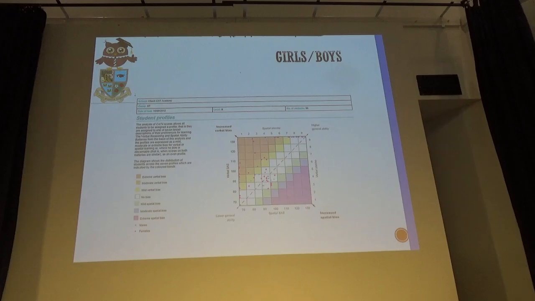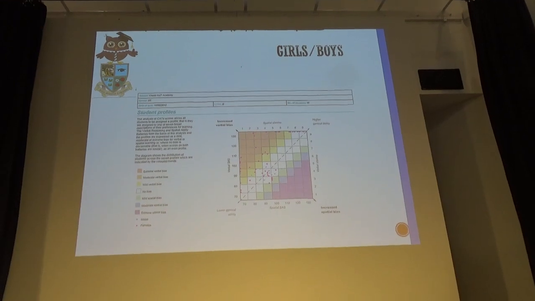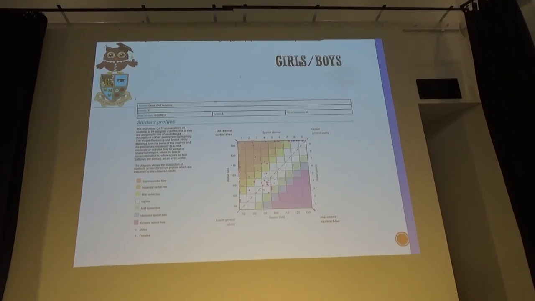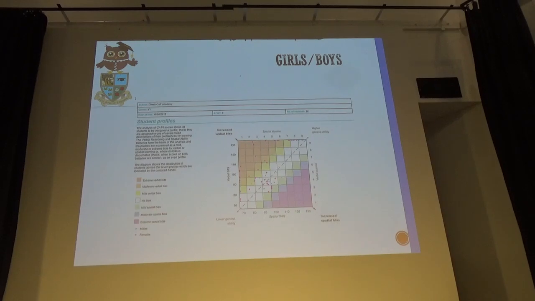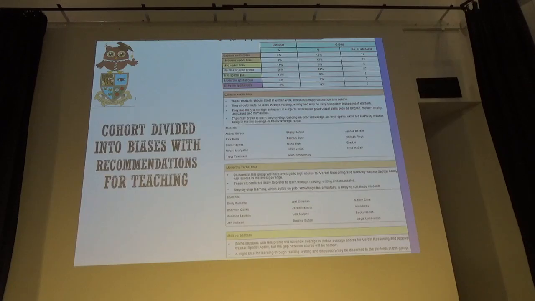It does make a difference for how children learn, whether they have a verbal or a spatial bias, and how we support them. So it's important for us to see where the kind of biases are, and it tells us the kind of ability levels as well, boys versus girls as well.